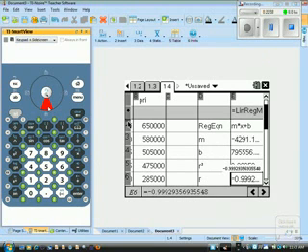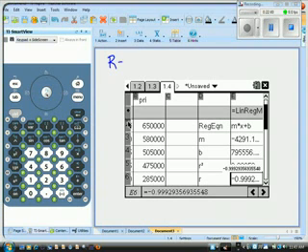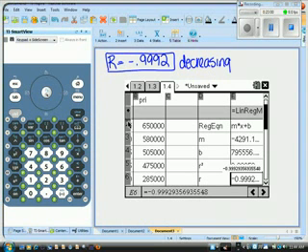The R value is negative this time. What does that tell you about your line of best fit? It's decreasing. So if R is negative 0.9992, that means it is decreasing, right?